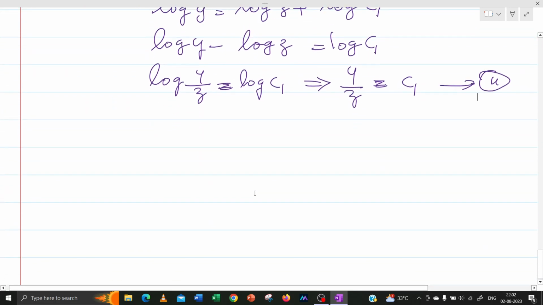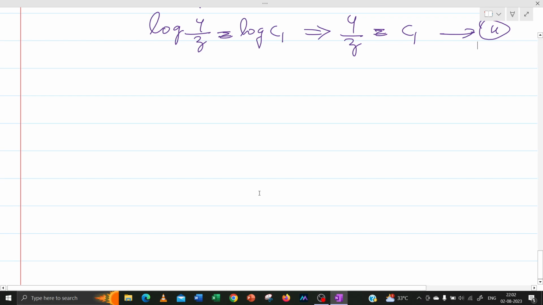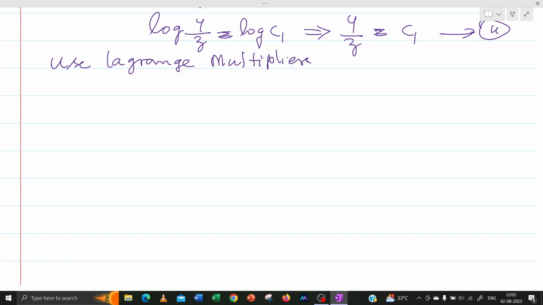In case we have to get the other solution, we have to use the method of multipliers. In the same problem we can use both the method of grouping and the method of multipliers. So use the Lagrange's multipliers x, y and z.